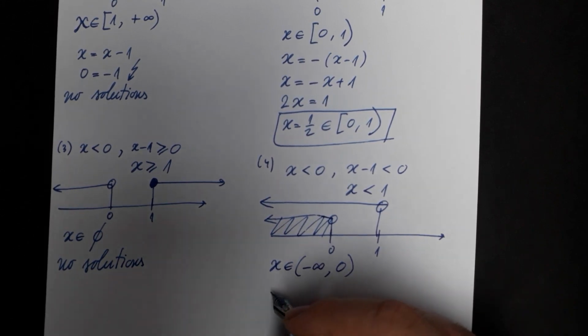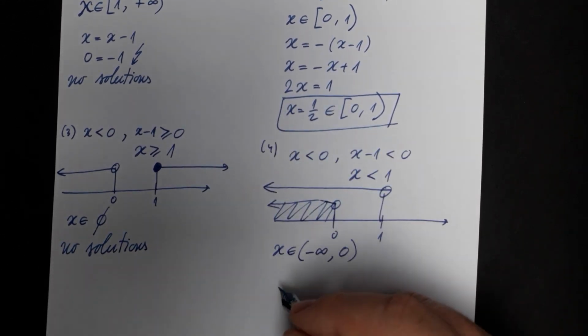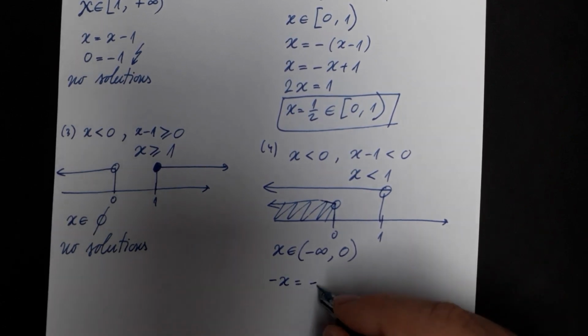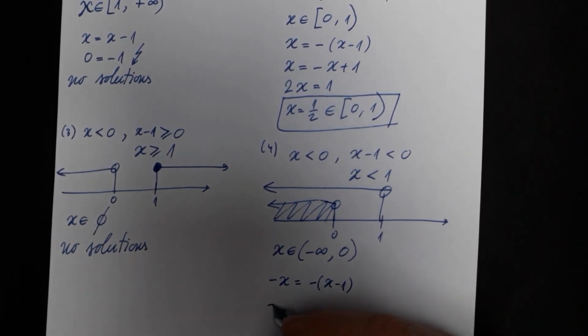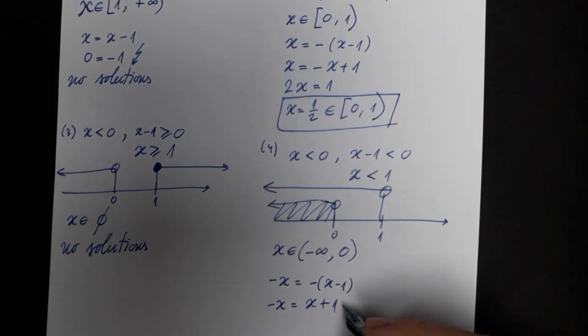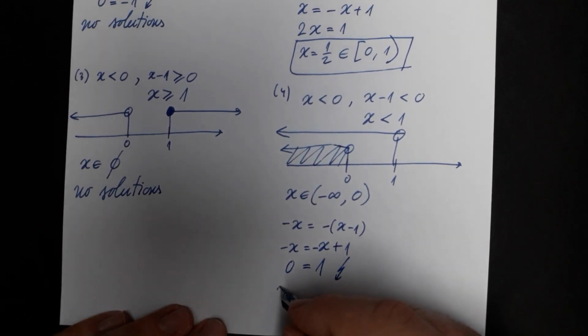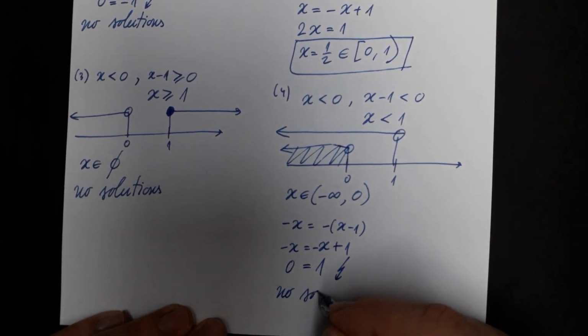And then our equation, when we get rid of the absolute value, becomes minus x is equal to minus (x minus 1), minus x is equal to minus x plus 1, and that means that 0 is equal to 1, which is again impossible, so this case also leaves us with no solutions.